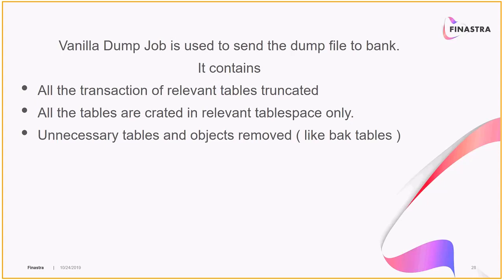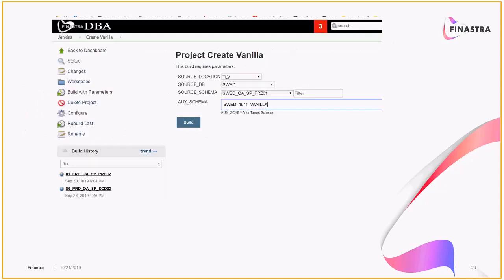For doing all this we have a job. Whenever the vanilla dump is needed, QA uses that vanilla dump job. It's very simple. You need to go to the vanilla job. You have to specify the source location, the source database in which your environment schema resides.